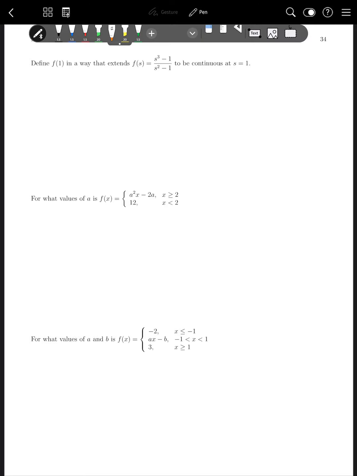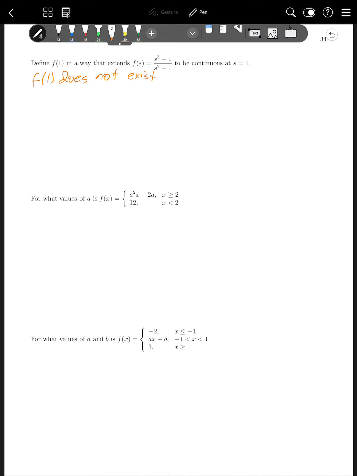Well, the problem right now is that f of 1 is currently undefined, or f of 1 does not exist. If I plug in 1 into this function, I get 0 on the denominator, and that's undefined. And so that's a problem. So we can try and fix that.